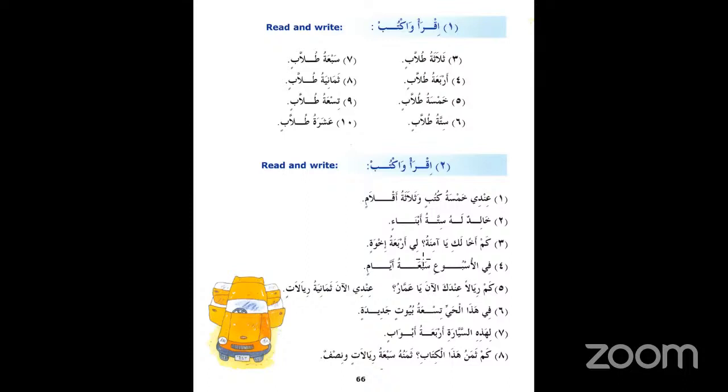أختن Correct. كم أختن لك يا آمنة? So, how many sisters do you have, O Amna? لي أربعة إخوات. I have 4 sisters. Think again. You said arba'atu for sisters.